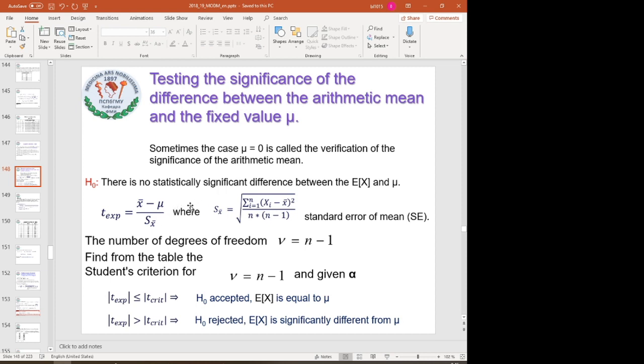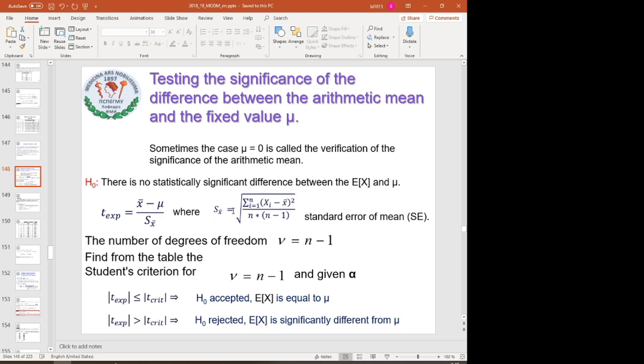How to calculate the experimental value? We should subtract from the mean value in our sample our fixed value and divide by the standard error.